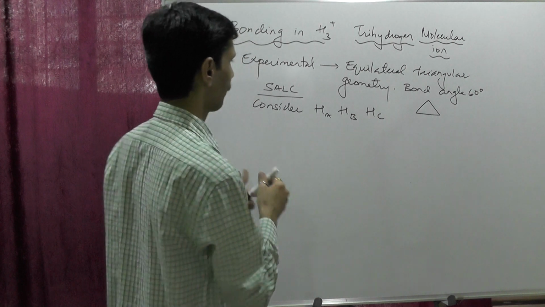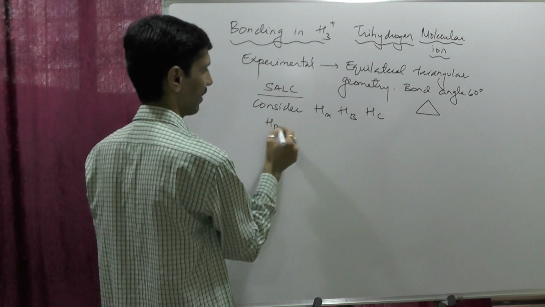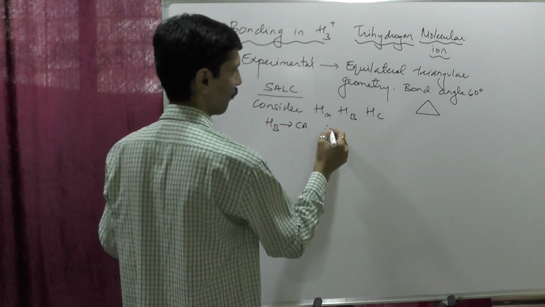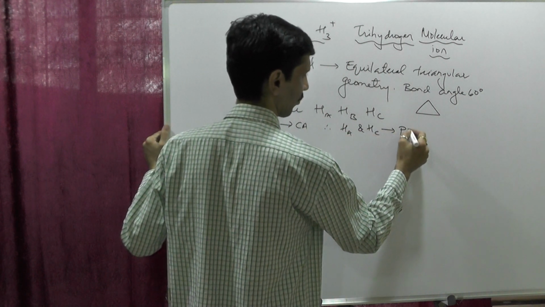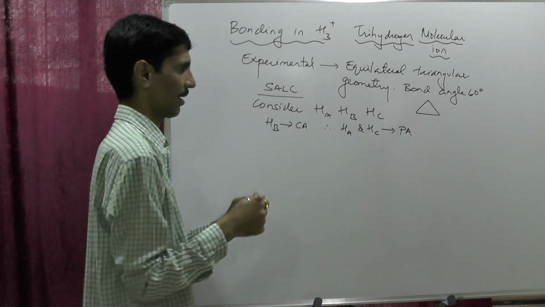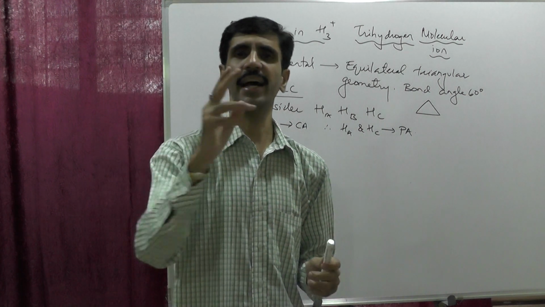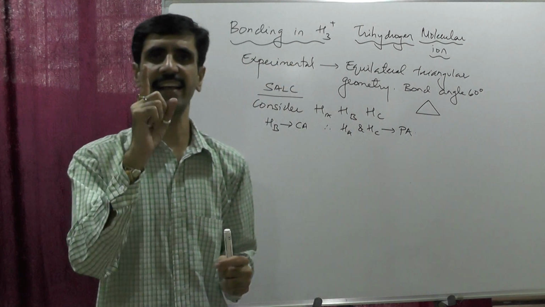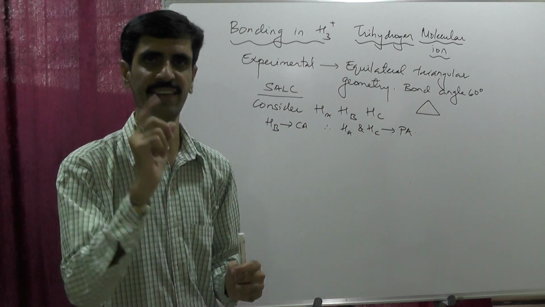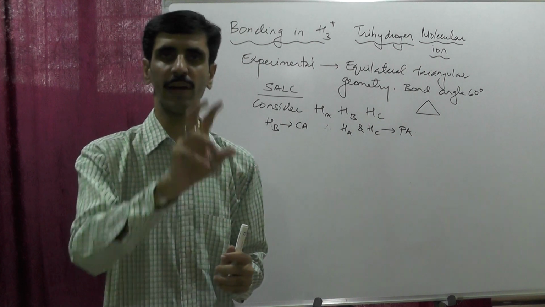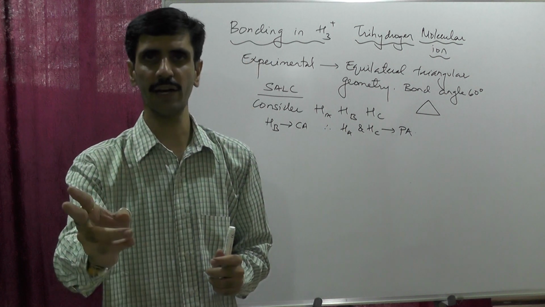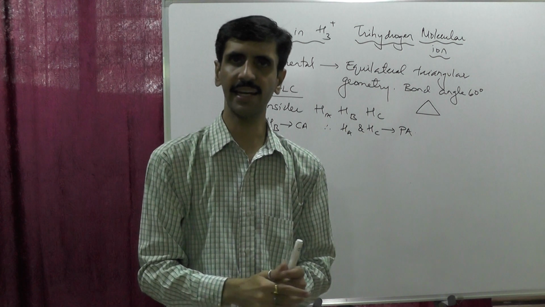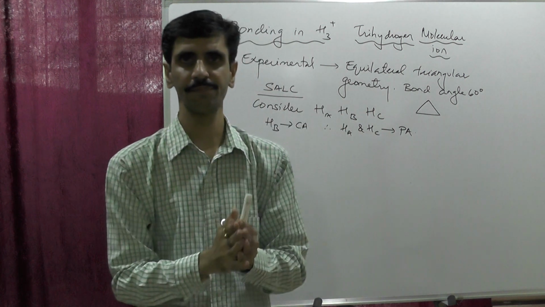So what we do is that HB is going to be considered as a central atom, and therefore we say HA and HC are peripheral atoms. आई बात समझ में? Okay, once again I repeat, the 3 hydrogen atoms are being considered as HA, HB as well as HC. उसमें से one of them is going to be the central atom and that is what? HB, और बाकी के 2 जो है वो हम peripheral atoms consider करेंगे और वो है HA और HC.